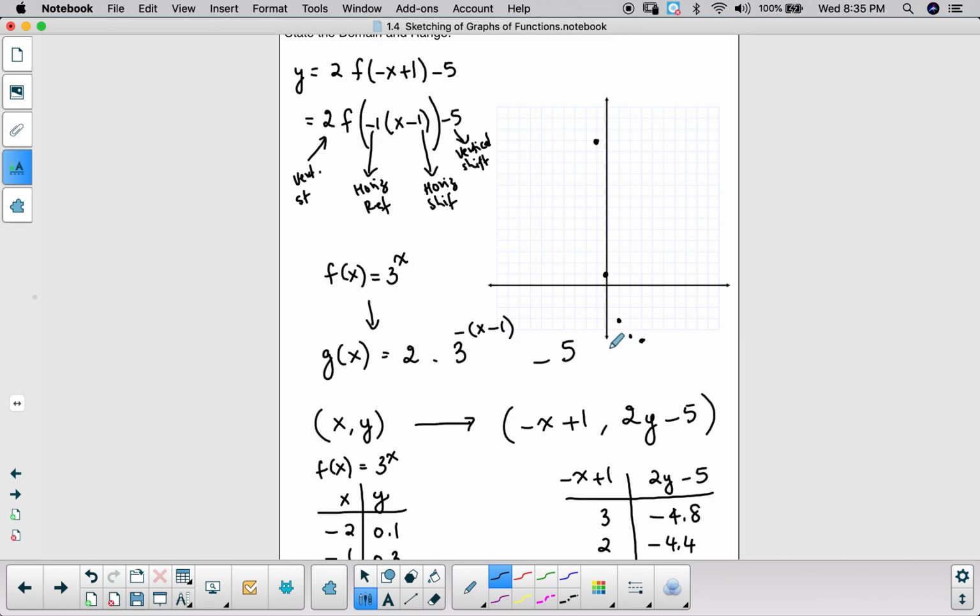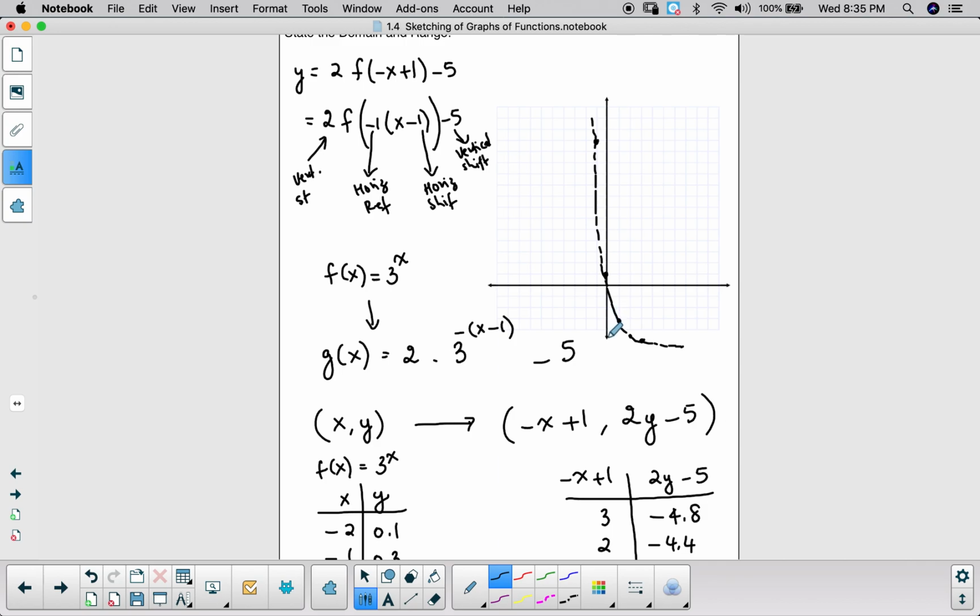So you can see that there is actually a horizontal asymptote. This graph is an exponential function, and the y-intercept is at 1, and it's always approaching 5, but never touching or reaching it.